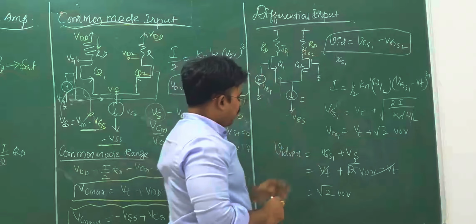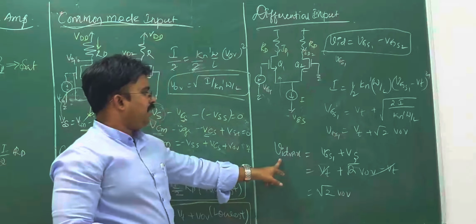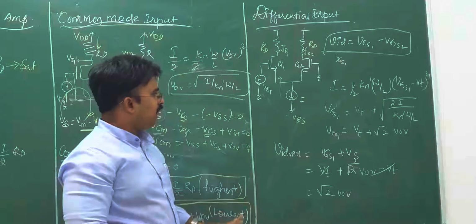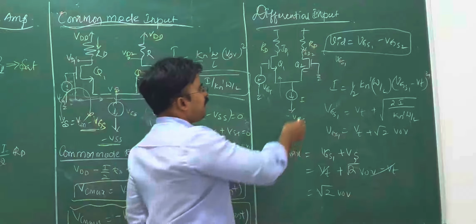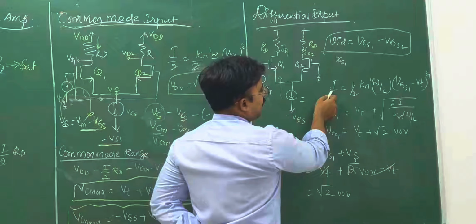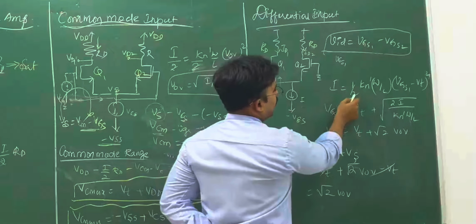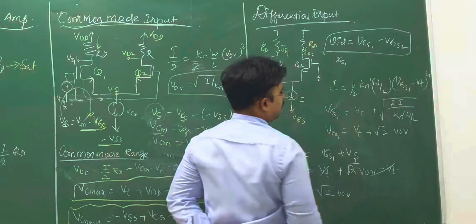Now, what is the maximum value of VID and what is the range of VID to be given is a key point here. This can be done if I is the current flowing through this, which is equal to half K dash W by L times (VGS minus VT) whole square.